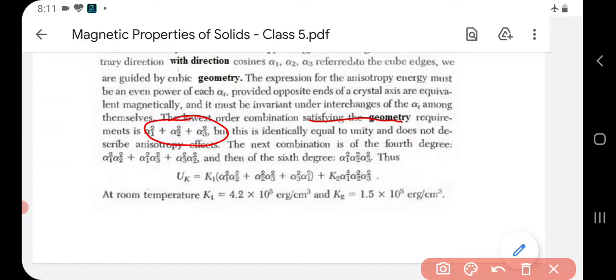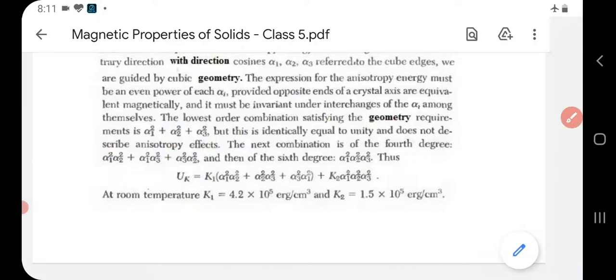The next combination is the fourth degree, alpha 1 squared alpha 2 squared plus alpha 2 squared alpha 3 squared plus alpha 3 squared alpha 1 squared. Then comes the sixth degree, and it goes on like that. So we can combine the fourth degree and sixth degree to write the expression for anisotropy energy UK of cubic crystal iron.